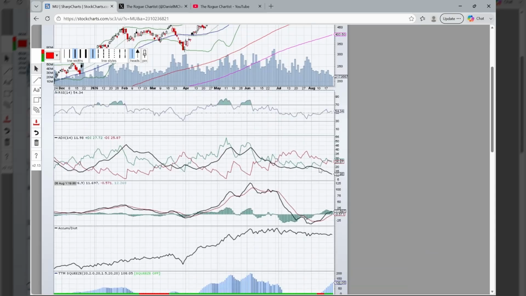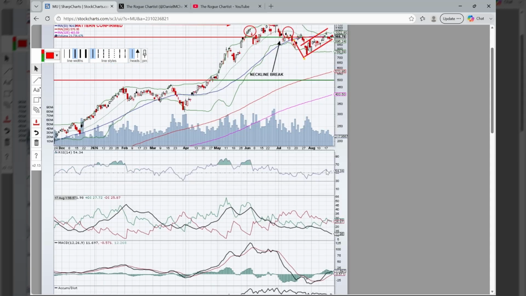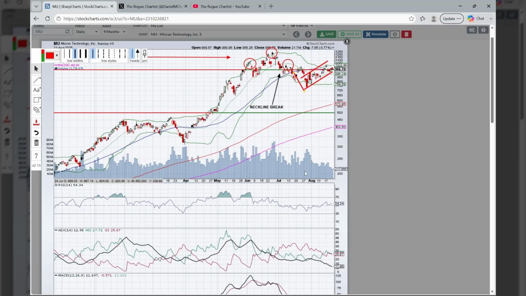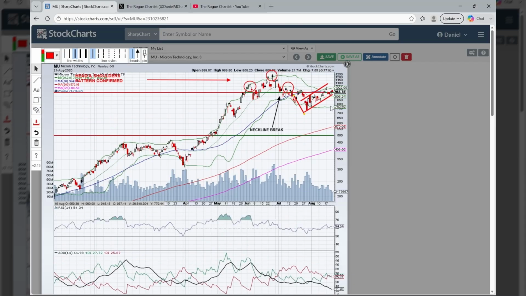The ADX itself is trending south, and what we need is the ADX negative DI to go back over the green. Then you see some divergence here in the RSI, and volume dissipating here. So I expect price to move south.